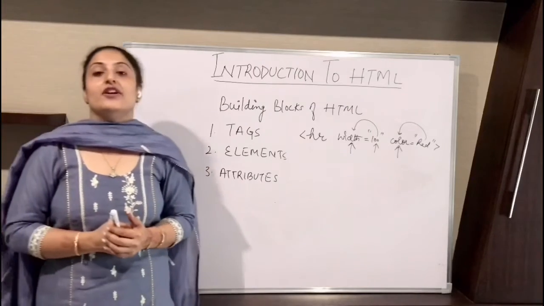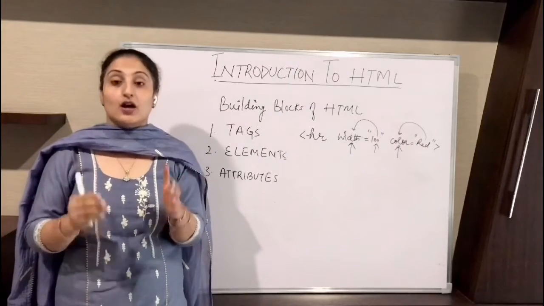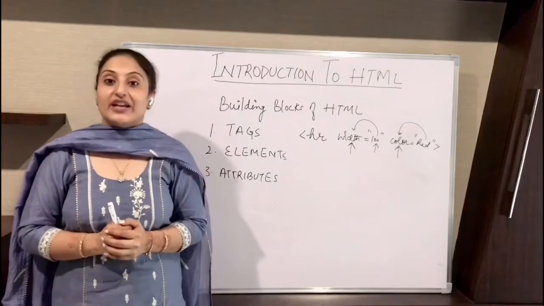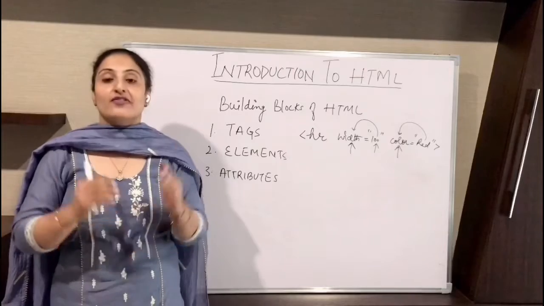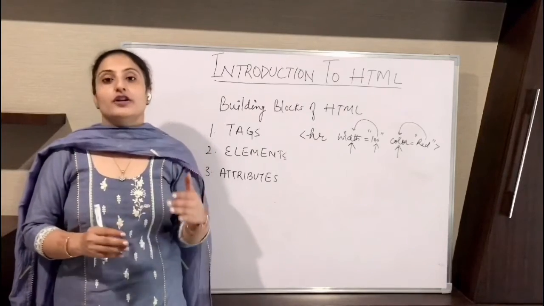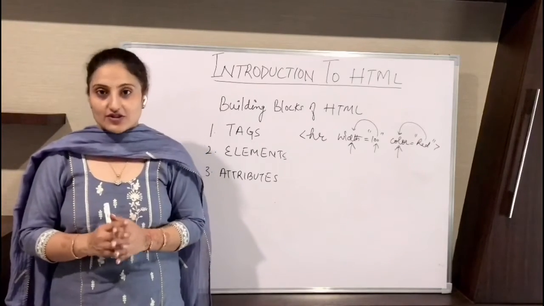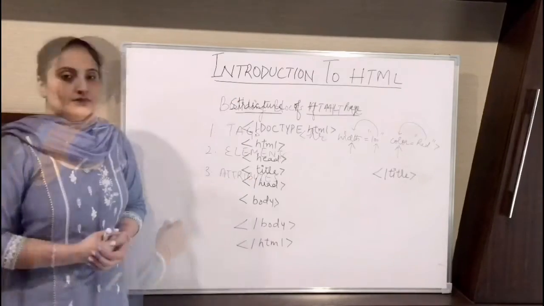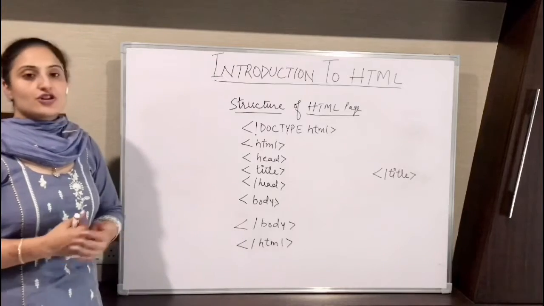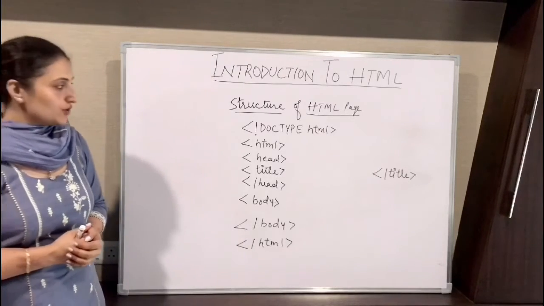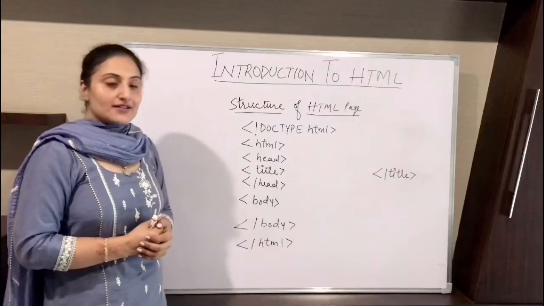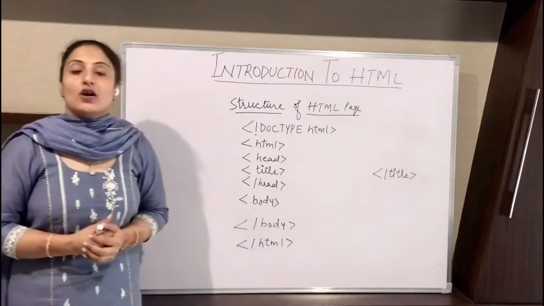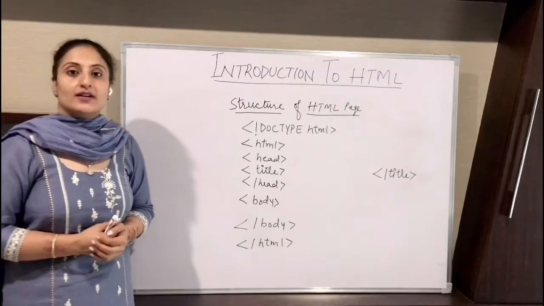Next is, whenever you want to write code for an HTML page, you need to use a predefined structure of an HTML page. In order to explain the predefined structure, we are going to write a complete structure. This is the complete structure of an HTML page. This structure starts with the tag doctype HTML. Doctype stands for document type.